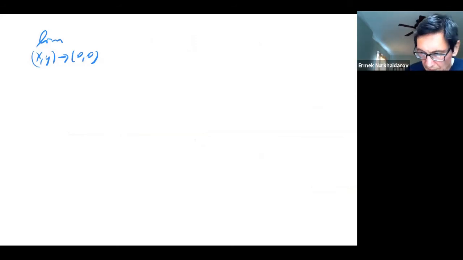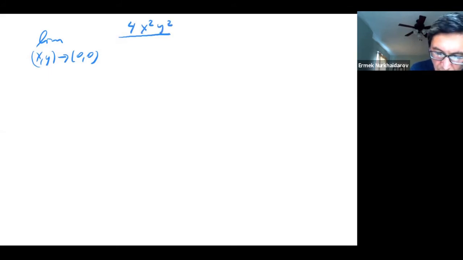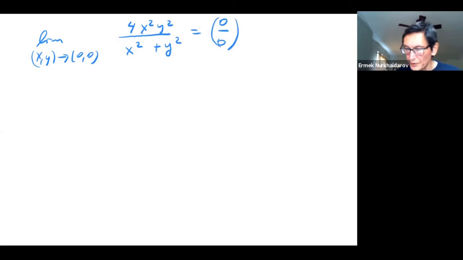Say we have something which looks like x squared y squared divided by x squared plus y squared. Okay. Again, we plug in limit values, we get 0 over 0, which is indeterminate, so we have to work on it.